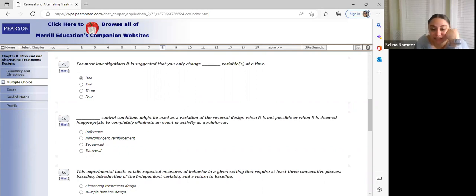Blank control conditions might be used as a variation of the reversal design when it is not possible or when it is deemed inappropriate to completely eliminate an event or activity as a reinforcer.